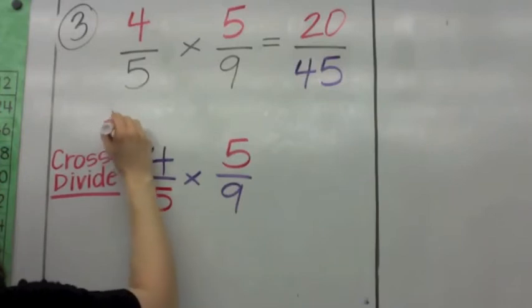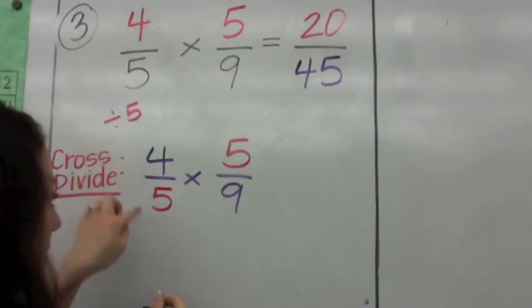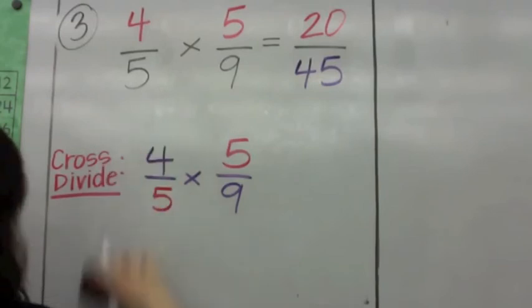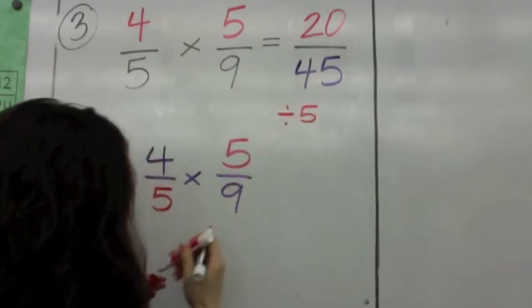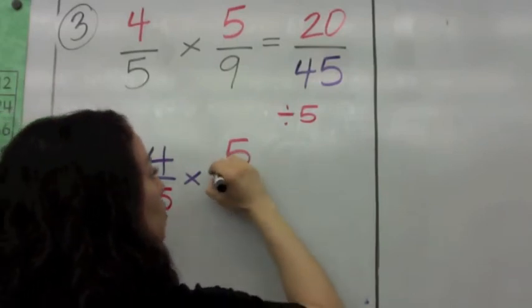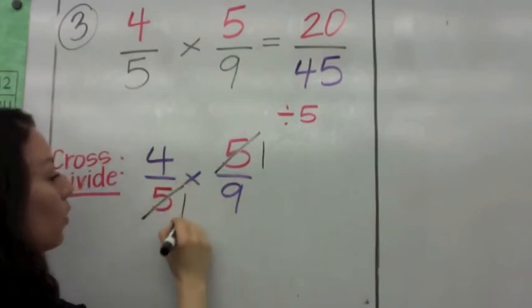So that means you could divide by 5. I'll put the division over here. What is 5 divided by 5? Any number divided by itself is 1. And 5 divided by 5 is 1.